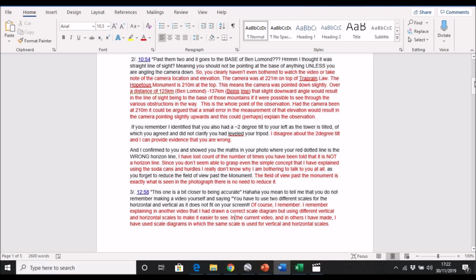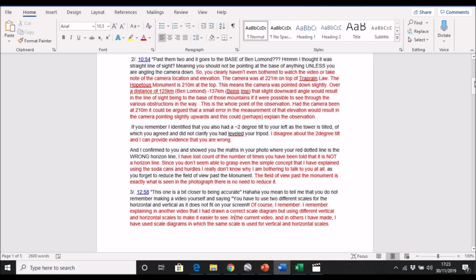My response is, so you clearly haven't even bothered to watch my video, or take note of the camera location and elevation. Let me remind you, the camera was at 221 meters on top of Traprain Law. The Hopetoun Monument is 210 meters at the top. This means the camera was pointed slightly down.